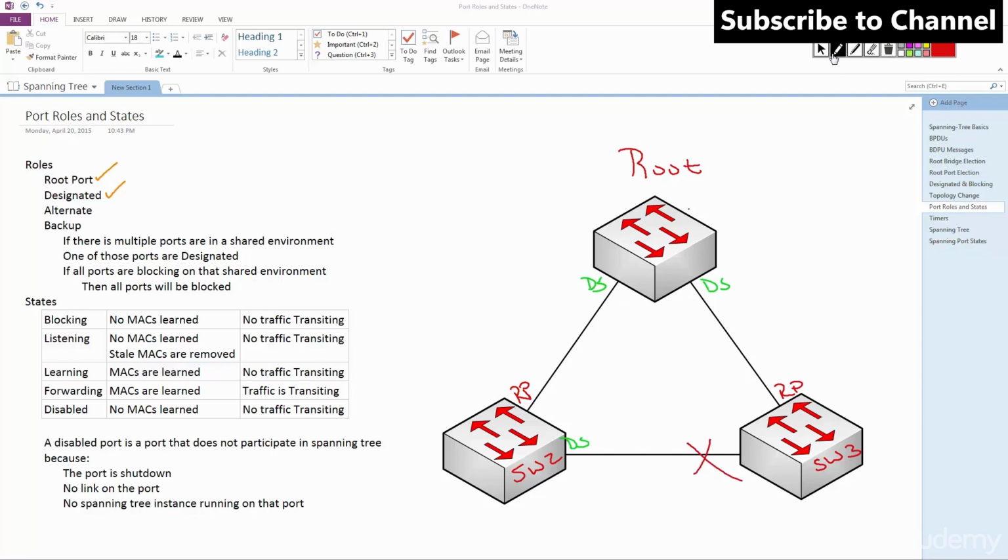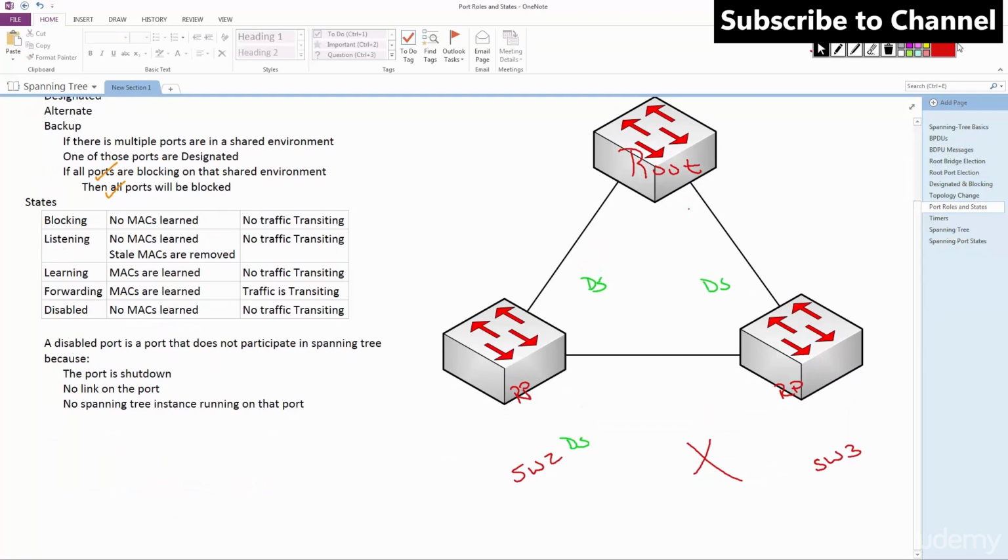Let's do it this way. I've got a perfect way of doing it. Let's scroll this down. I'm going to clear off all this ink. This is the root. Switch 2. And switch 3.